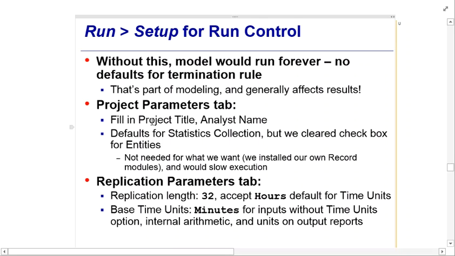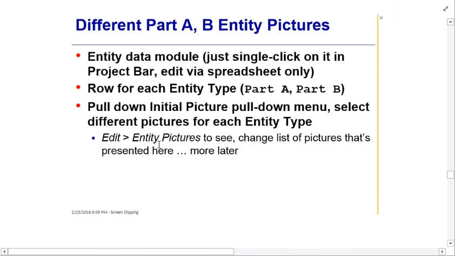Set my base time again, important point. If I've got minutes here, use minutes everywhere. Pictures, again, it's just a visual. I lean towards using simple red ball, green ball, yellow ball kind of stuff that easily lets me see what's happening, but I'm not trying to show that it looks like a stamped part or a machined part or a patient in an urgent care or whatever.